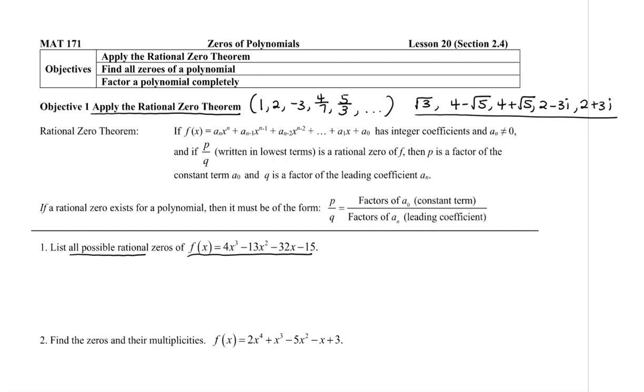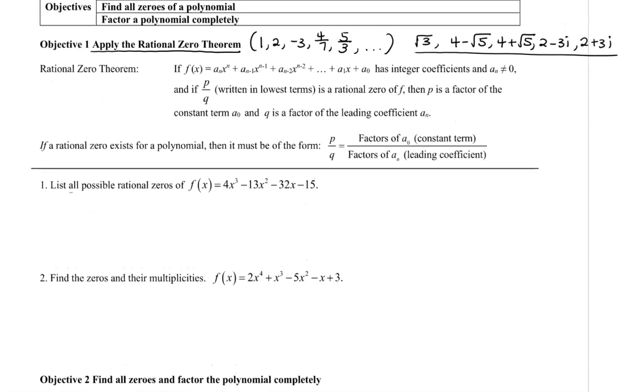So what this theorem is going to do is help us form a complete list of all of the possible rational zeros of this polynomial. To form this list, we first begin by listing factors of the constant term. In this case, our constant term is -15. That's the term that has no x.